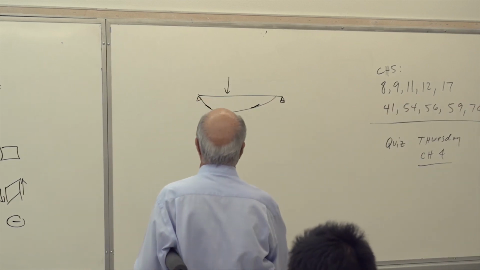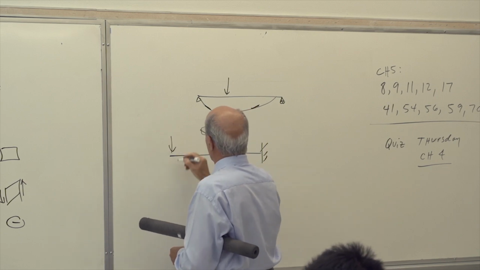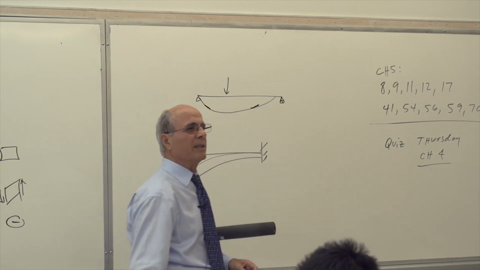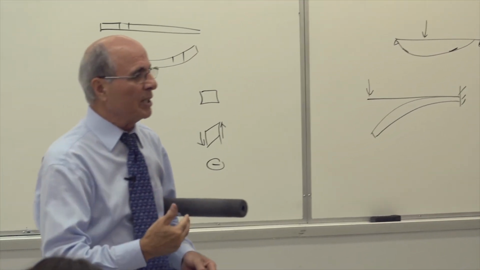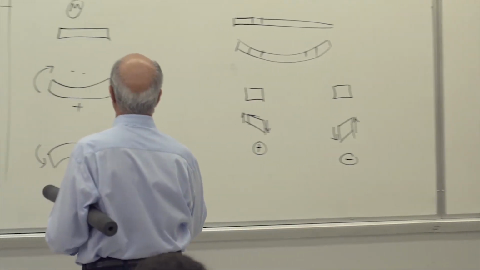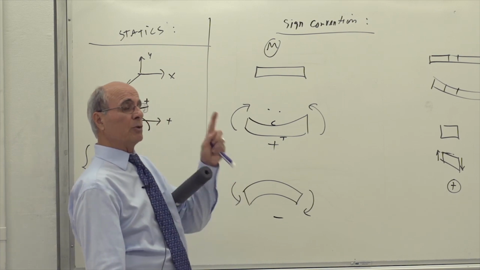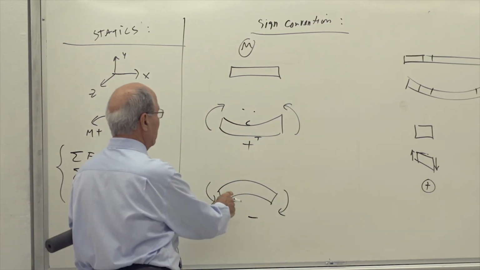But look at the other beam that I showed you. When you put the load here, the beam is going to go like that. Is that correct or not? Should this moment be plus or minus? Minus. It's a frowny face. By the way, when you look at it, here is compression, here is tension, with reference to chapter 4. And this one is reversed.